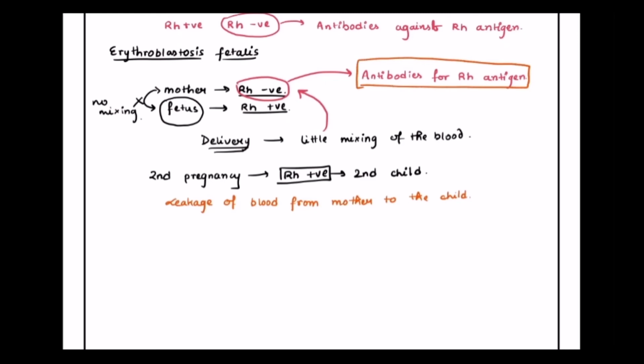Now, since there is a leakage of blood, this is going to destroy the RBC of the fetus. Now, this is the complication. And this destroying of the RBC can lead to severe anemia and also jaundice.